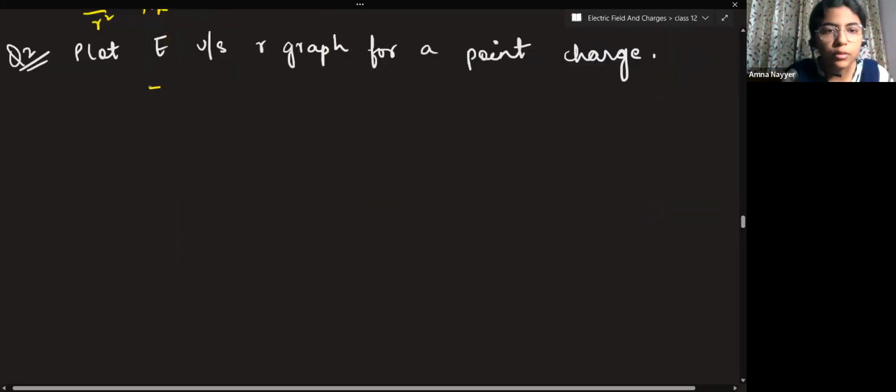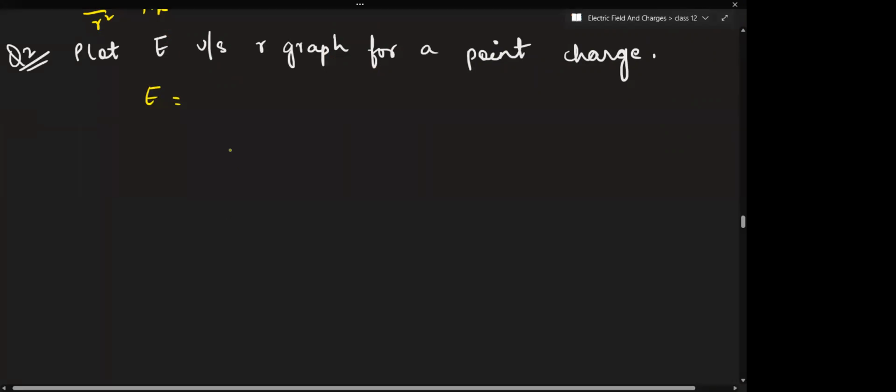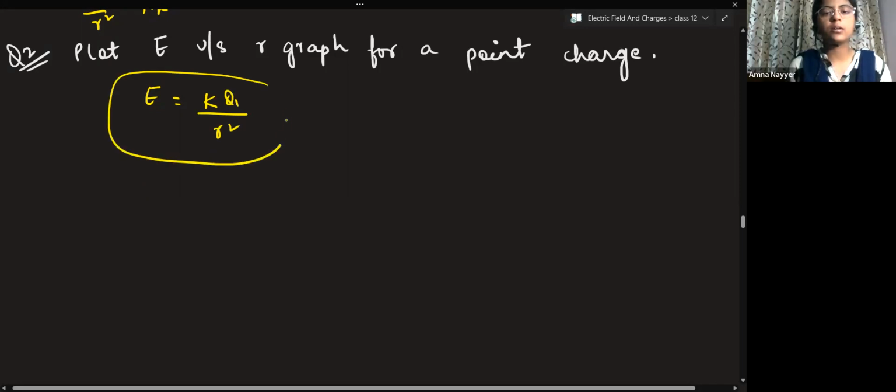See, what is the formula for electric field for a point charge? E is equal to KQ by R square. This is the formula for electric field of a point charge. K and Q are constant. So how is E varying with R?